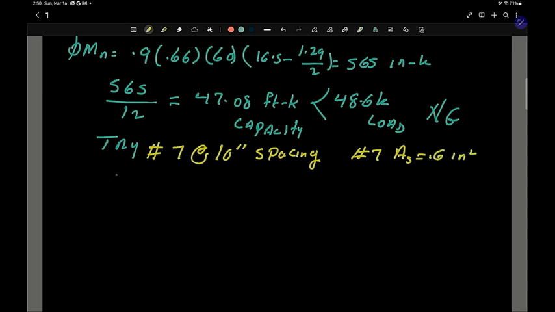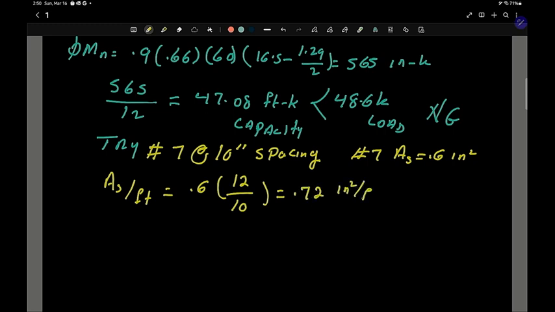So our AS per 1 foot strip is 0.6 times 12 divided by 10, and that's equal to 0.72, I believe. Okay, 0.72 inch square per foot.